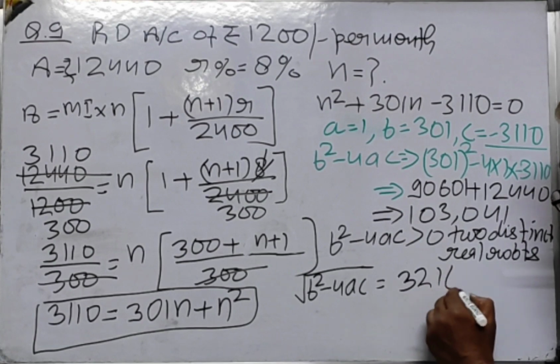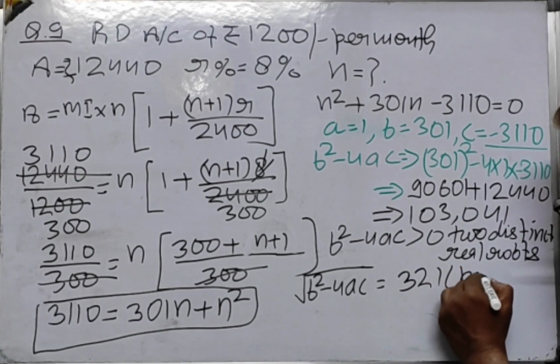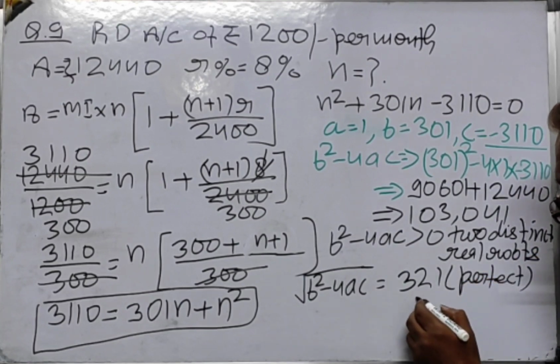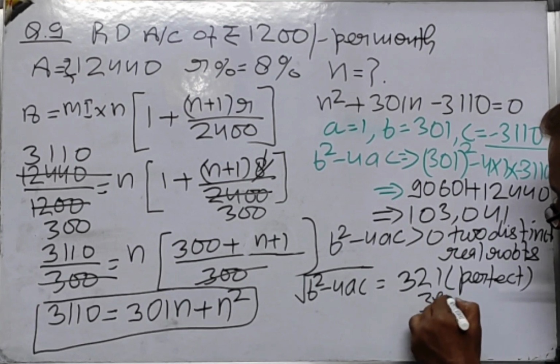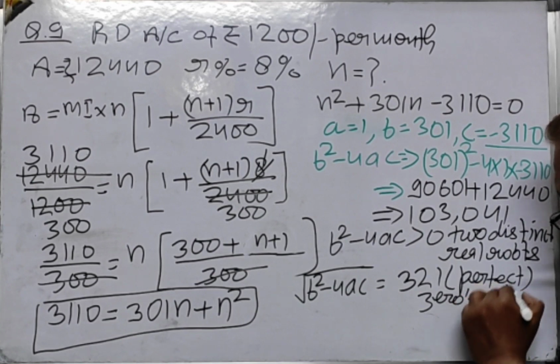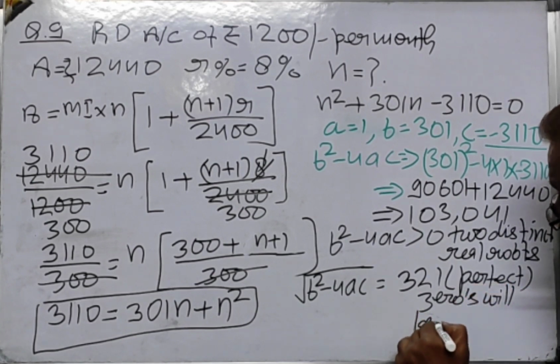It is a perfect square. When it is a perfect square, then zeros will be rational numbers.